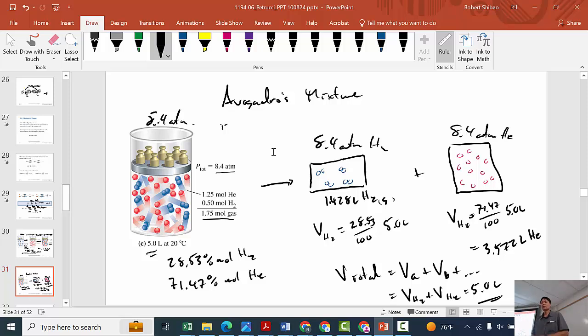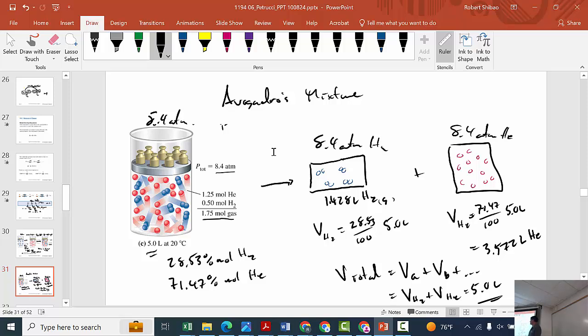And so, in other words, I'm just combining the volumes. I'm not compressing the gases into the same container. And so I'll just stack this on top of this, and then the total volume is back to 5 liters. But what we have is the same density of atoms, particles here. So we need to maintain that same density here to get that 8.4 atmospheres.